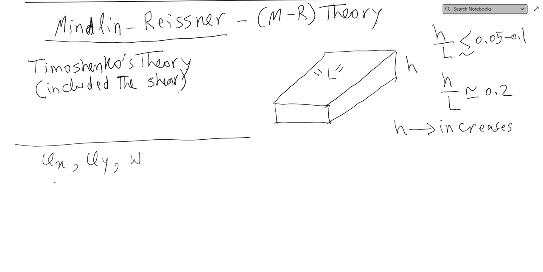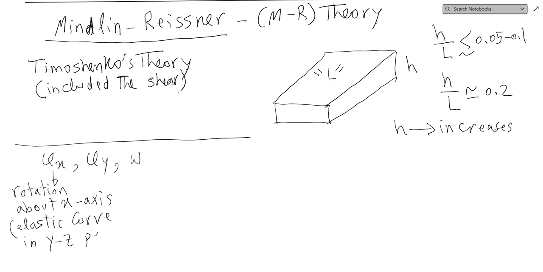So phi x was the rotation about x axis, meaning elastic curve in the yz plane, sorry. And similarly this is rotation about y-axis. These are my definitions.